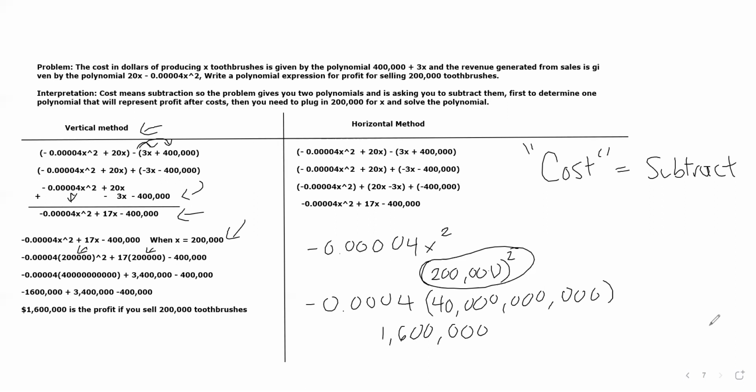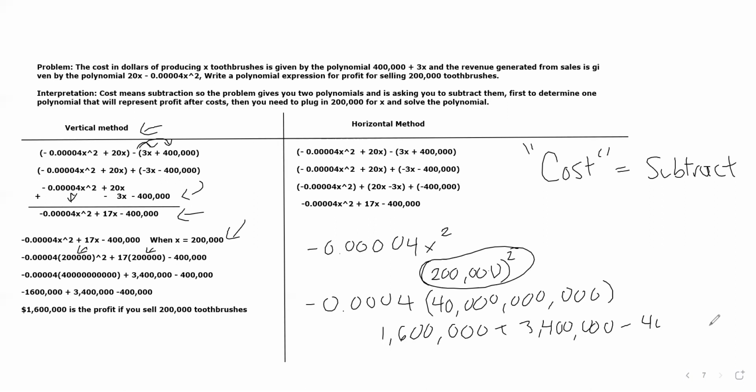Now, the 17 times 200,000 gave me 3.4 million, right? And this is positive, which means this is how I know that this is my income, because this is my profit margin. This is how much money I brought in by simply selling the toothbrushes in the store. I made $3.4 million, but then I had to pay off all the costs that it required to produce, right?